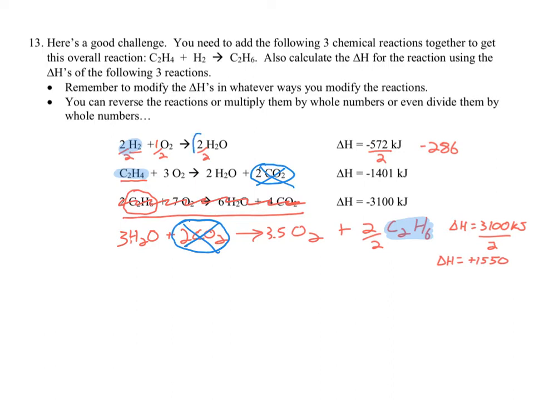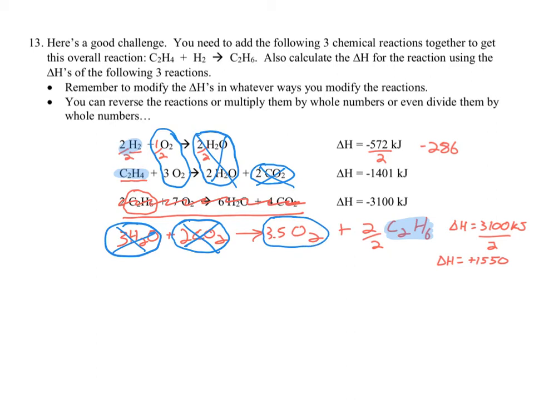I see here I've got a 1 H2O and a 2 H2O, so that's 3 on the product side. And I have 3 on the reactant side here, so those will cancel out. Right? And a lot of you are looking ahead here and saying, oh right, we can combine those O2s to be 3.5 O2s.